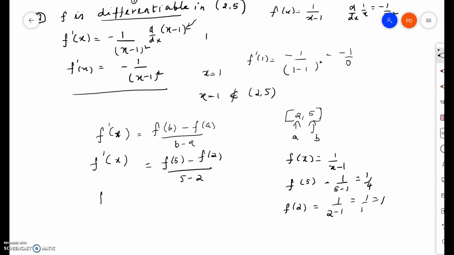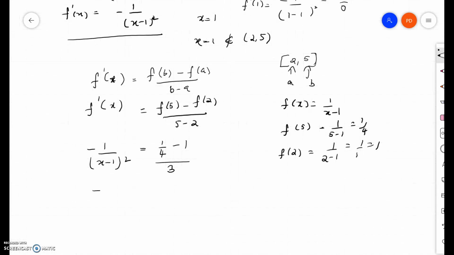So f prime of x, let's plug in the function f prime of x, which is negative 1 over x minus 1 the whole squared, and that's equal to f of 5 minus f of 2, so that is 1/4 minus 1, divided by 5 minus 2, that is 3. Negative 1 over x minus 1 the whole squared is equal to 1/4 minus 1 is equal to 3/4.